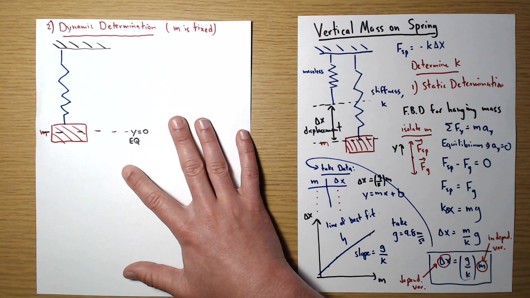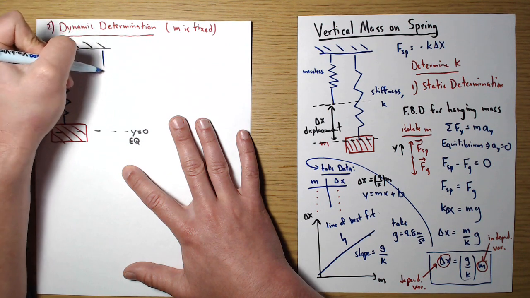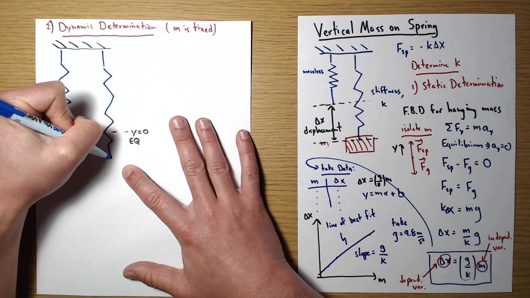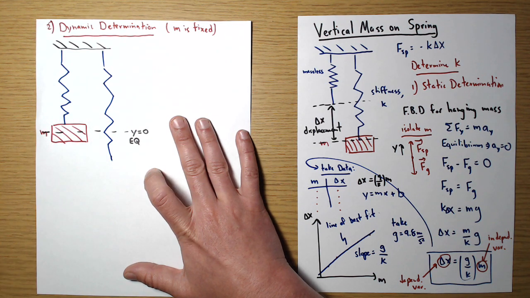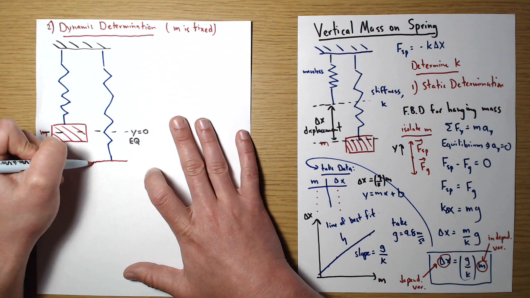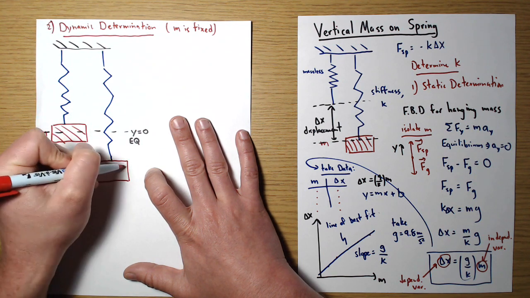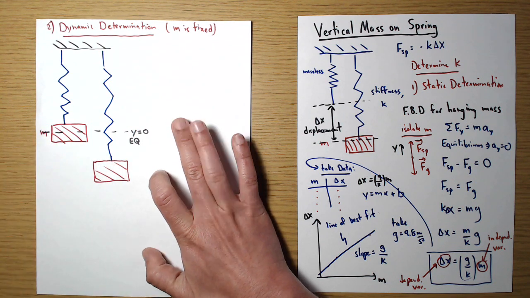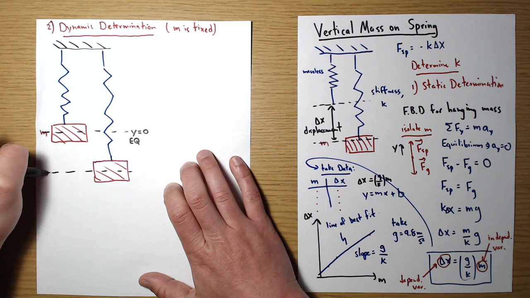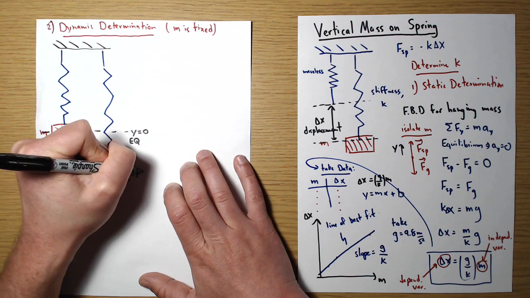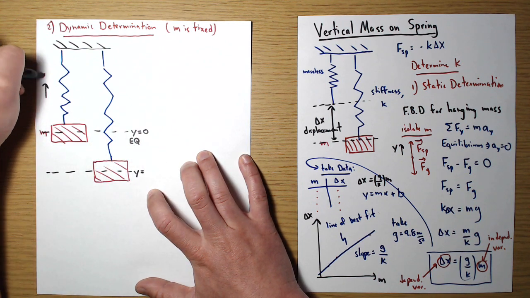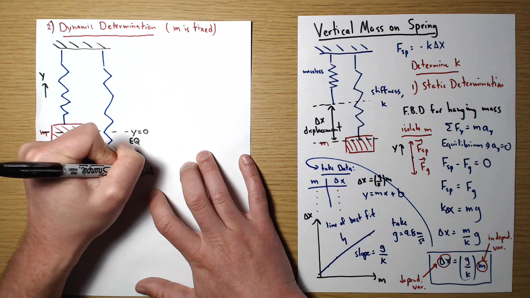Now imagine I take this system and I stretch it such that I pull the mass below its equilibrium position some distance. If I take the upward direction as positive y, I'll say this is y equals negative a.